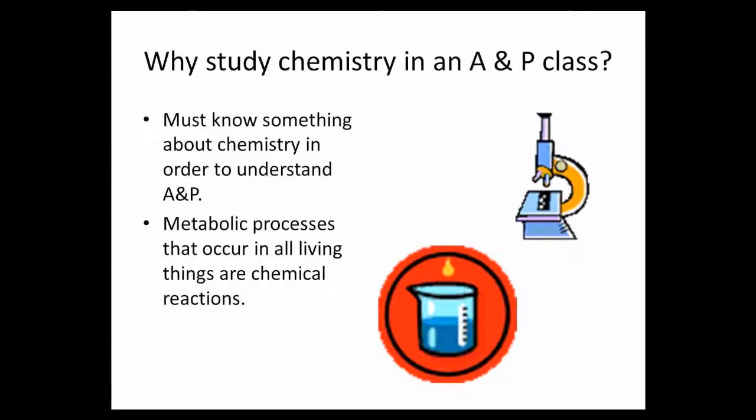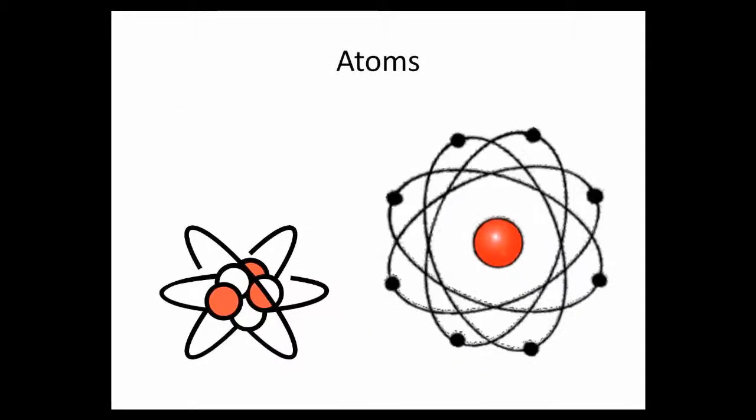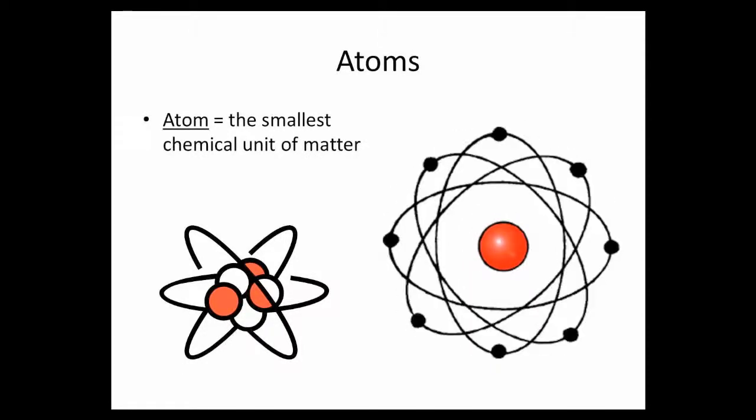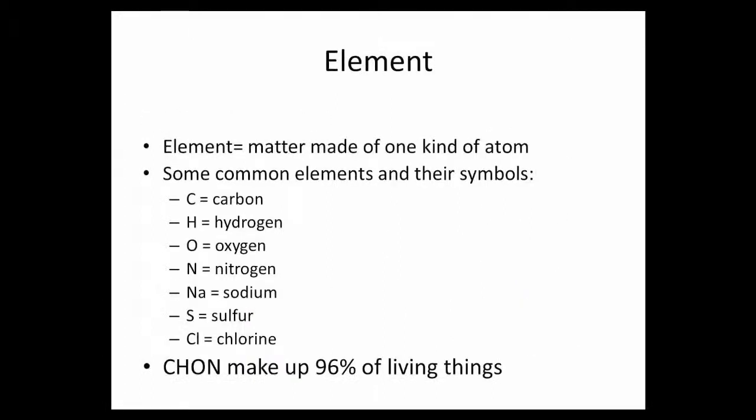So when we look at atoms, one of the things we know is that the atom is the smallest chemical unit of matter. It's the smallest thing that we can study. Elements are basically matter that's made of one kind of atom.